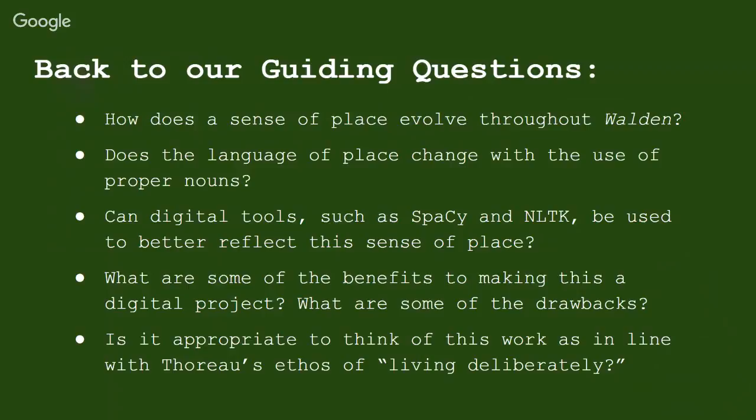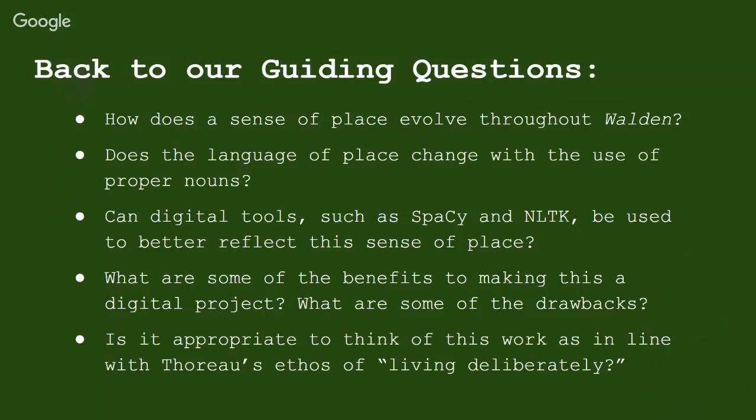And also being able to identify Thoreau's use of language that we may not have been able to do without these tools. I've read this book a million times, and I have never thought about Thoreau's differentiation of proper and common nouns and what that differentiation does to the reading process.